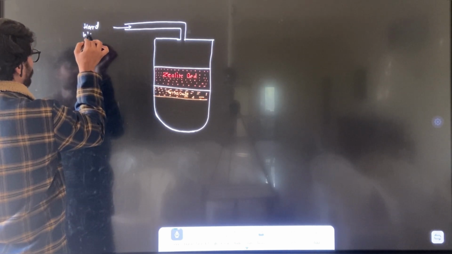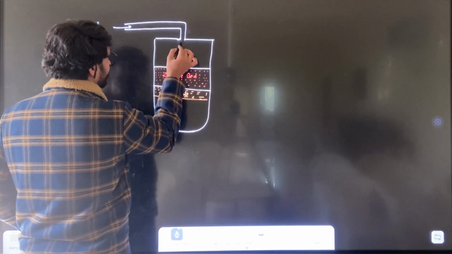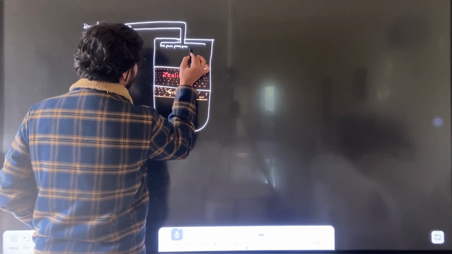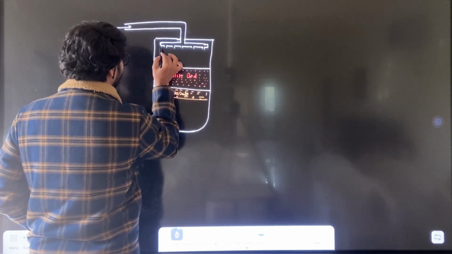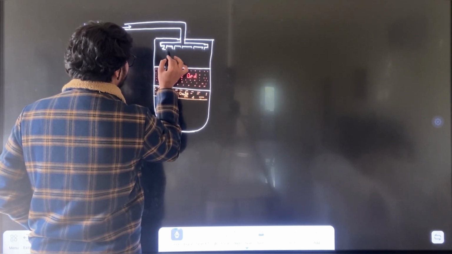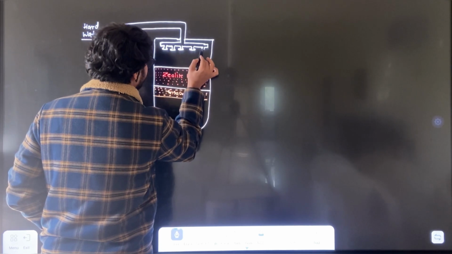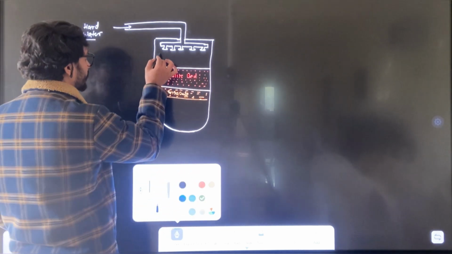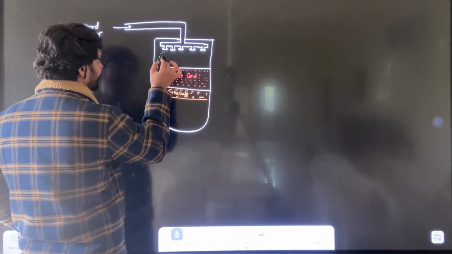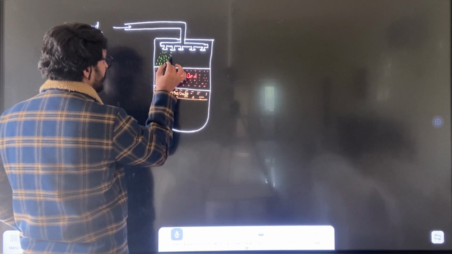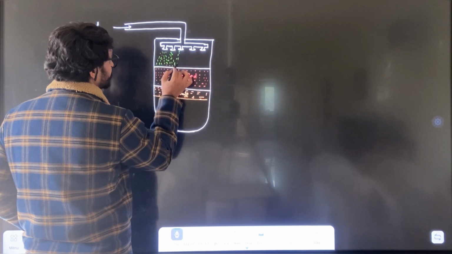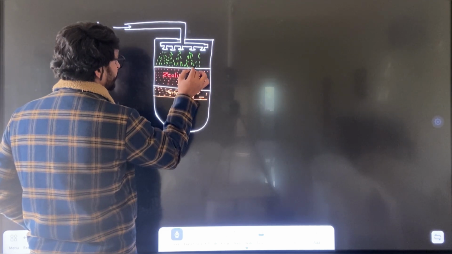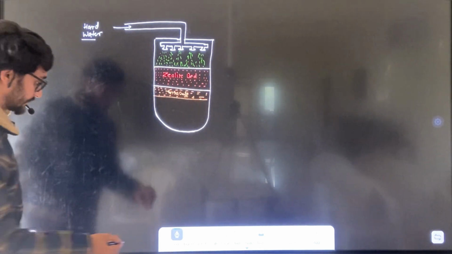So when this hard water is spread out into the tank, the salts which are dissolved in the hard water react with the zeolite bed. And the chemical reaction takes place like this.